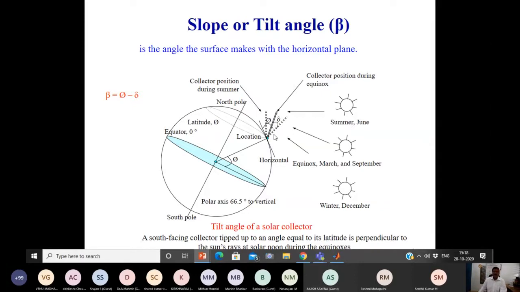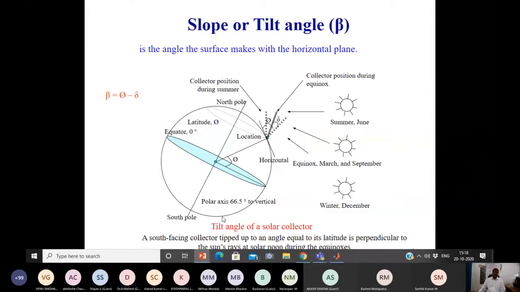So approximately how much angle do we have to tilt? First of all, the surface has to be tilted towards the south, since we are in the northern hemisphere. This surface has to tilt towards the south to collect the maximum extent of solar radiation.